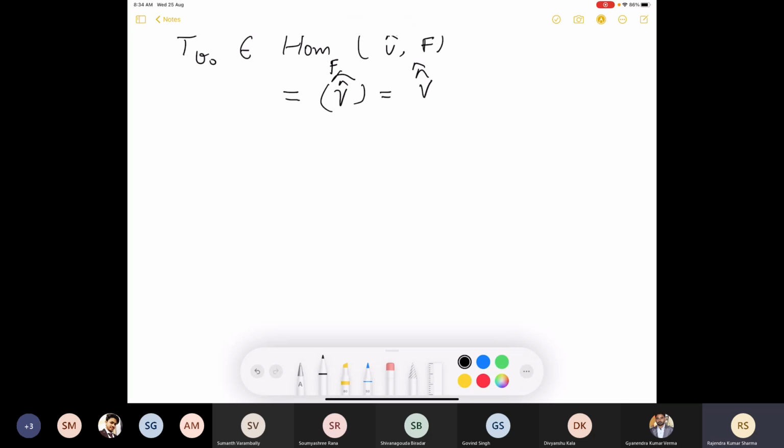This is the dual, and this is called the second dual space of V over F.